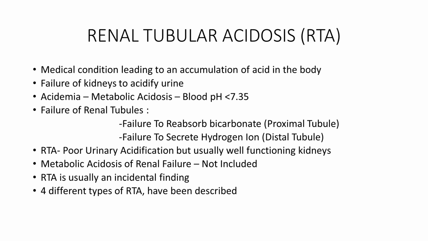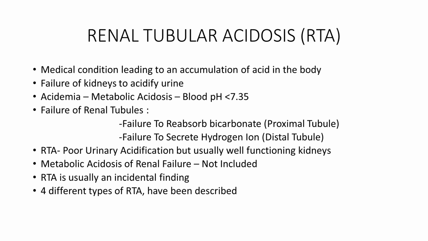The important thing to remember is that in RTA, there is poor acidification of the urine, but usually the kidney functions are well preserved. So kidney failure is not there. It is only the acidification of urine which is at fault.